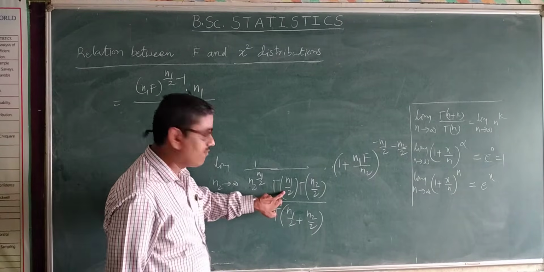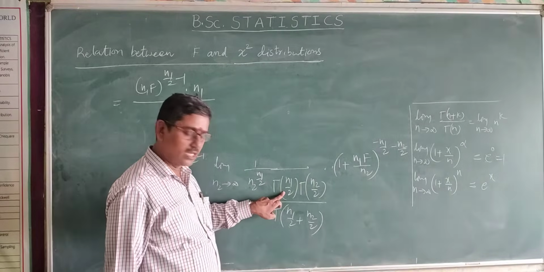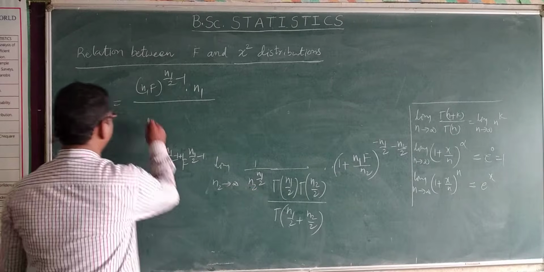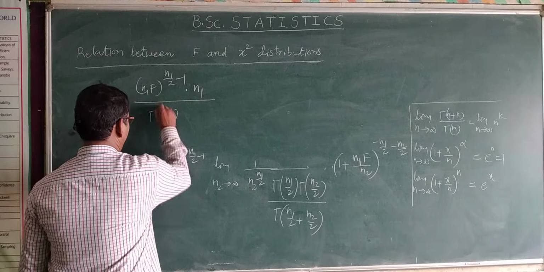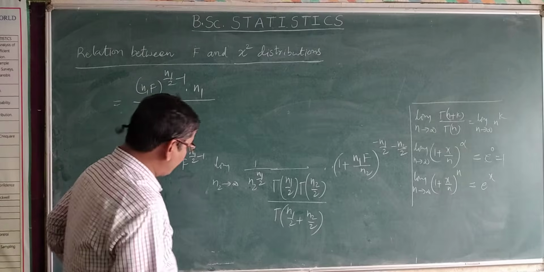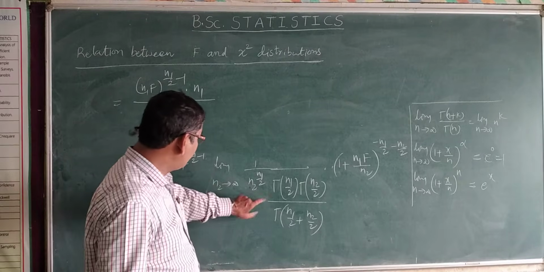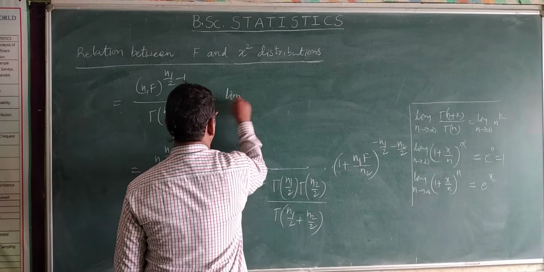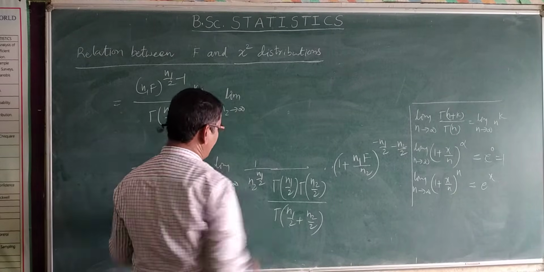now gamma n1 by 2 is a constant, it does not depend on the limit as n2 tends to infinity. Therefore I am taking gamma of n1 by 2 outside, multiplied by these values. I apply the limits for every term, limit as n2 tends to infinity.